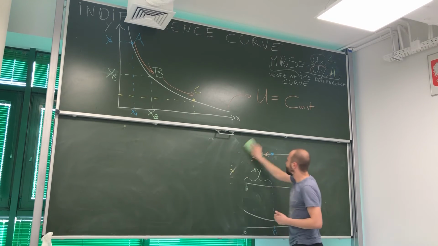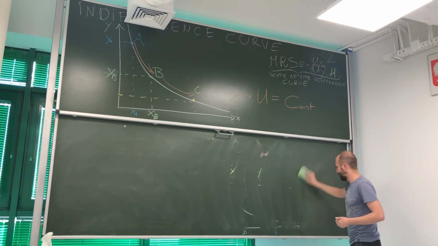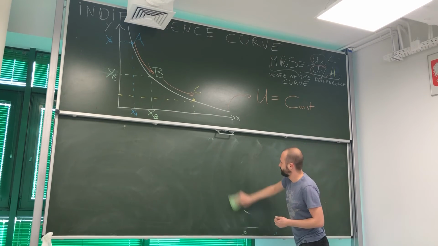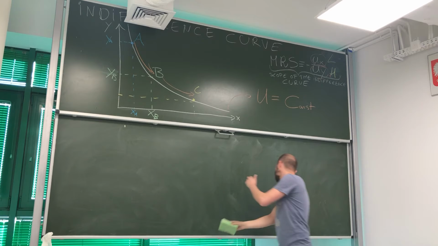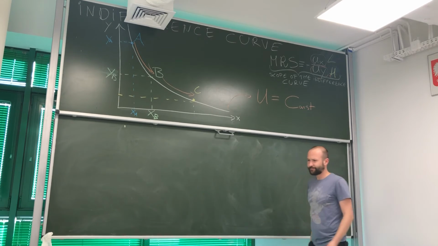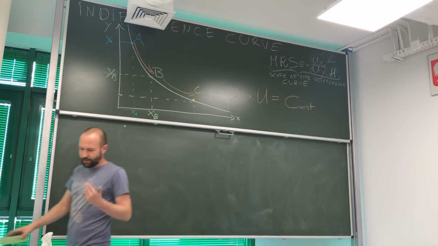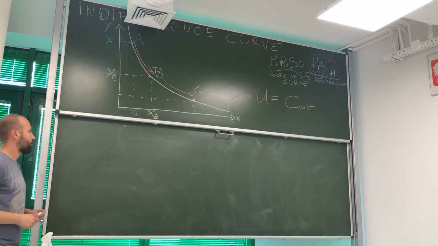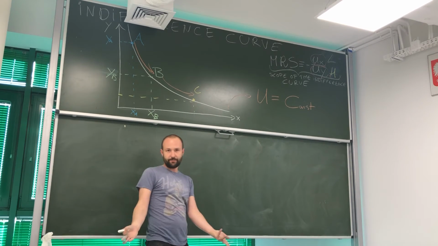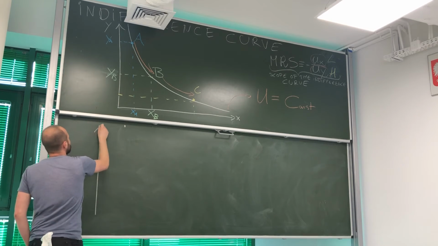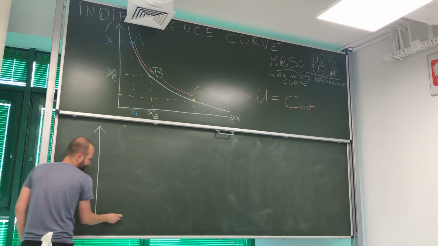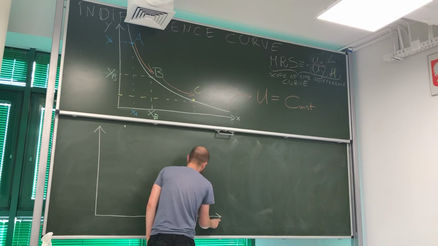So we need to know a little bit more about indifference curves. The first question that usually pops to mind is whether two indifference curves could intersect, right? So let's start with this problem.